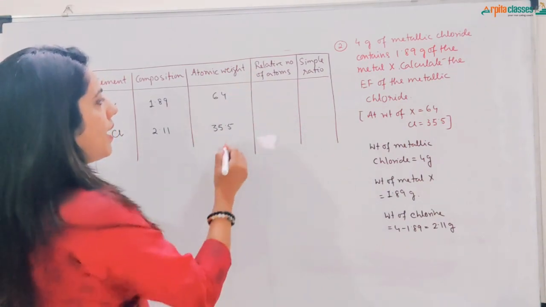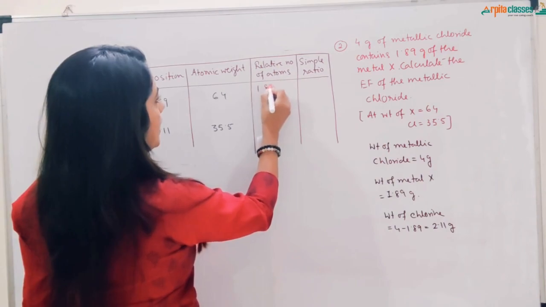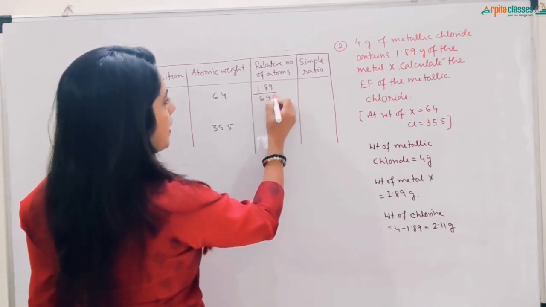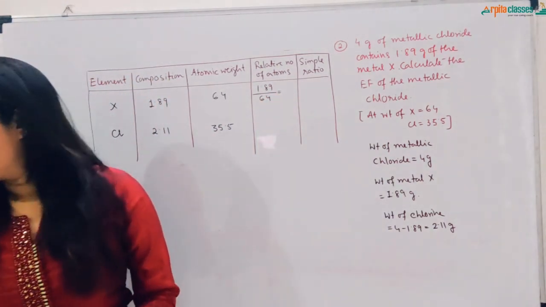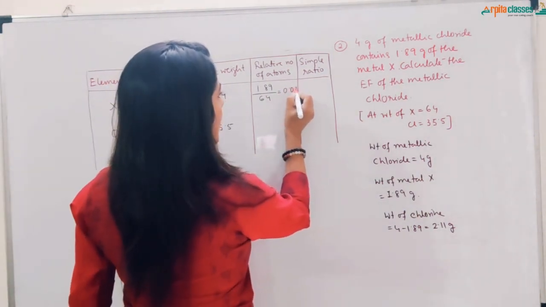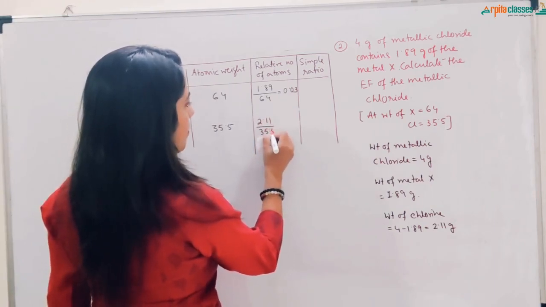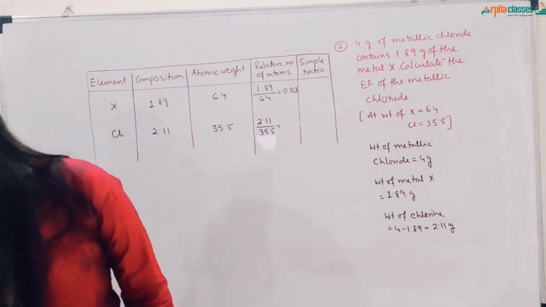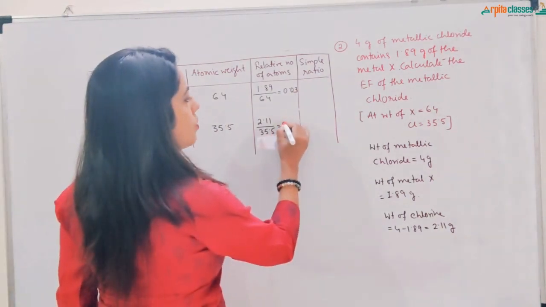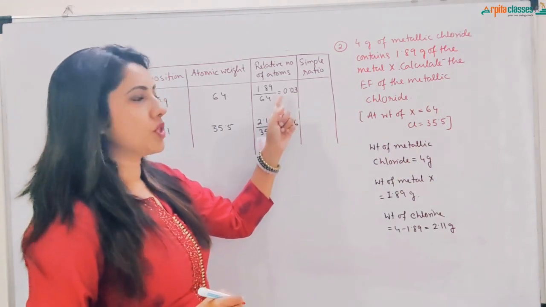So for relative number of atoms, we do 1.89 divided by 64. If we do this calculation, it is coming 0.03, and here it is 2.11 upon 35.5, and this is given 0.06. Now again among these two numbers 0.03 is smaller.